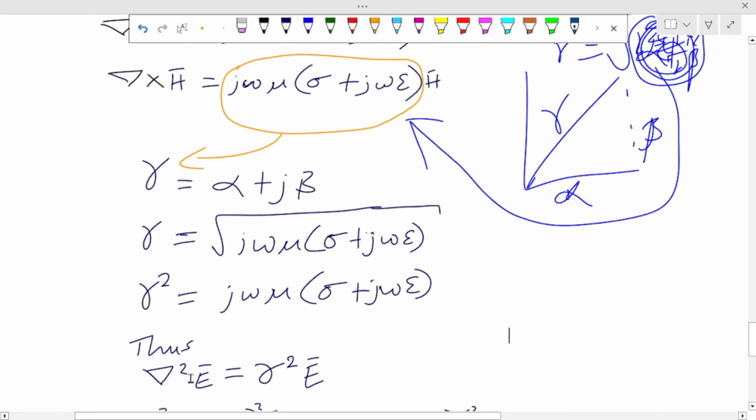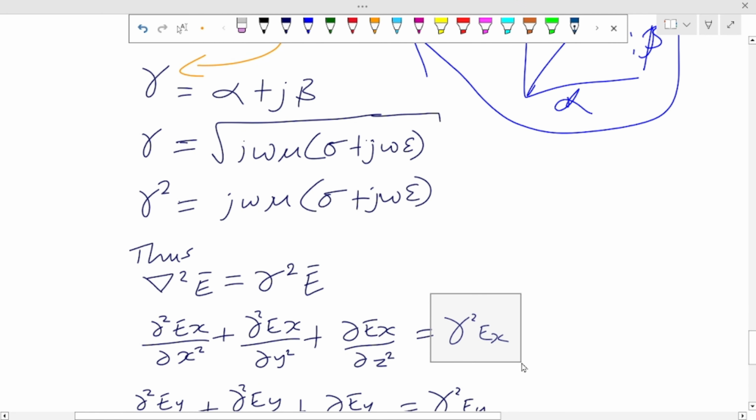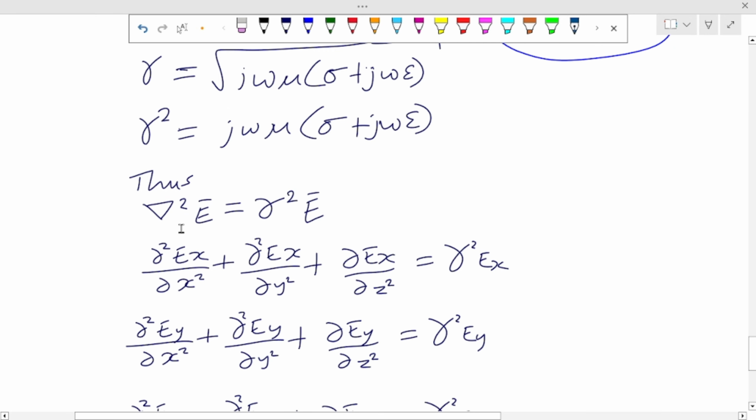Thus, the Laplacian of the electric field, which is nabla square of the electric field, equals gamma squared times the electric field. So for the x component of the electric field, you just express this, meaning everything will be x, x, x.